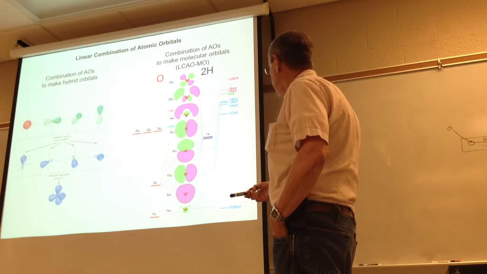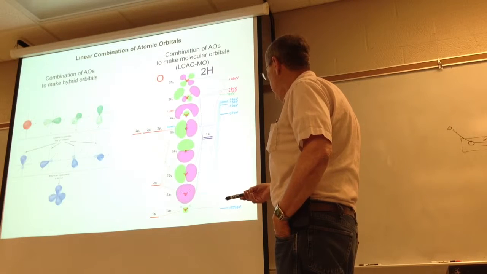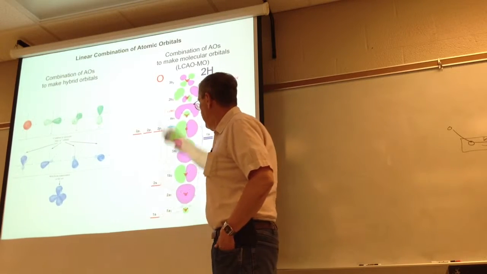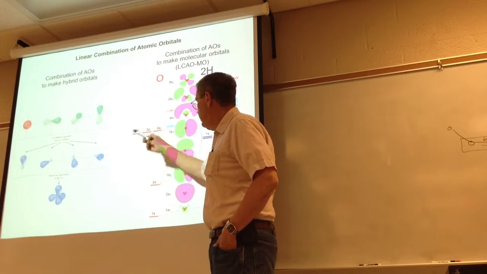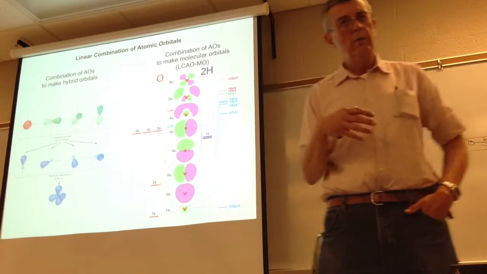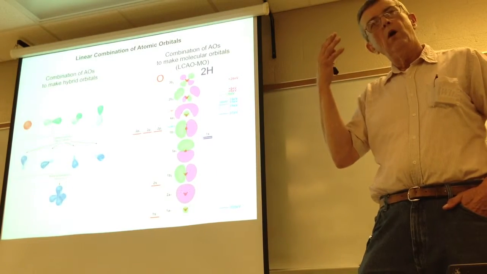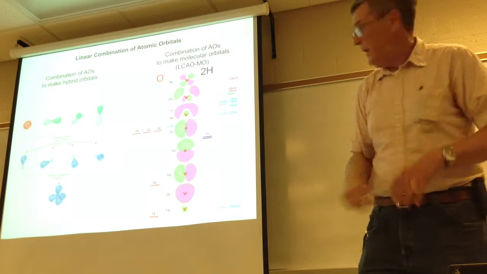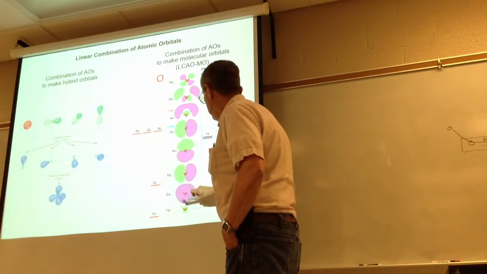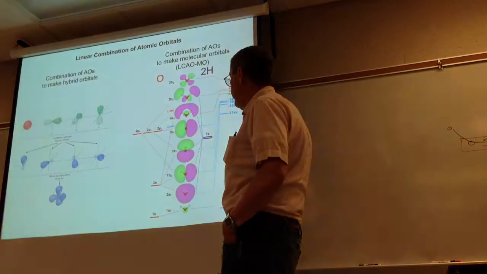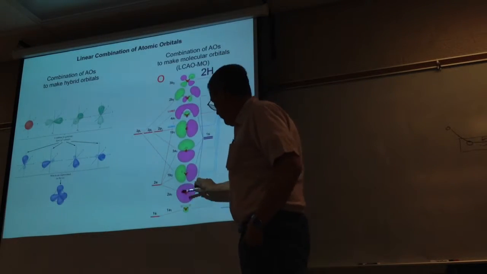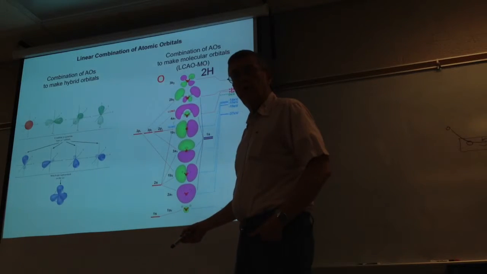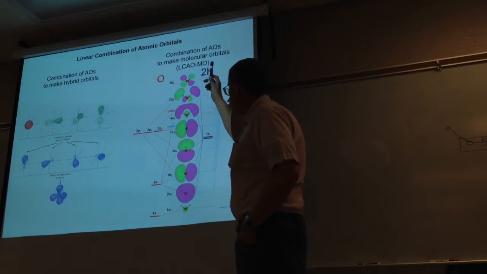But what we've done is we've taken the 1s orbitals of those two hydrogens and the atomic orbitals up through 2p on the oxygen, combined all of them, and gotten, and the lines aren't there so that you can see the structures, a ladder of energies of molecular orbitals that extend in different areas of the molecule.